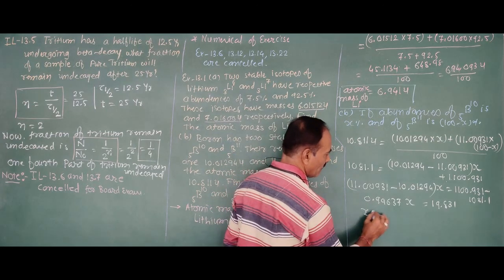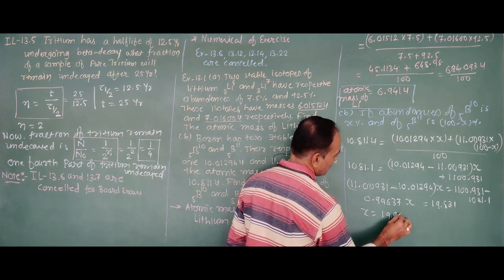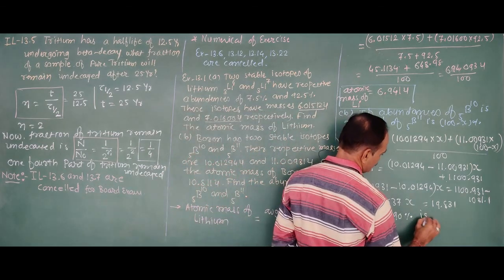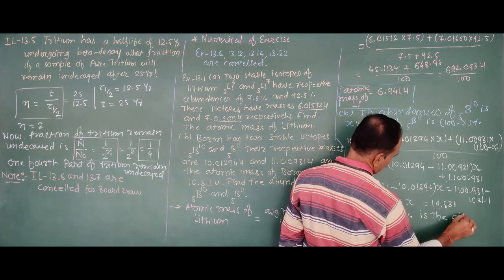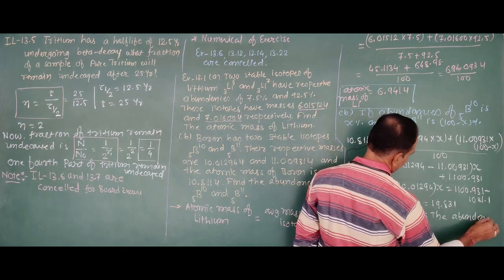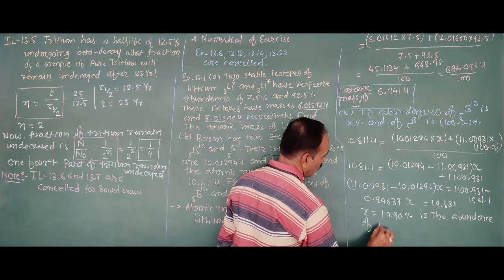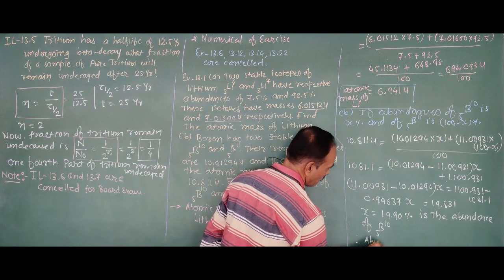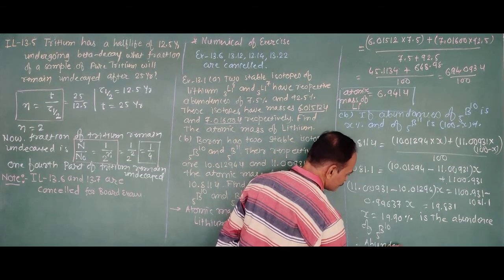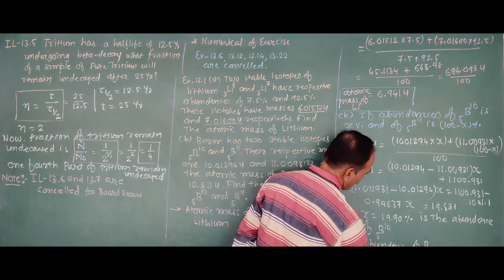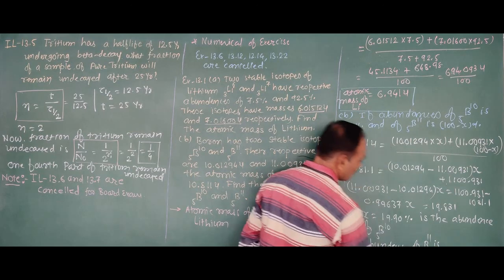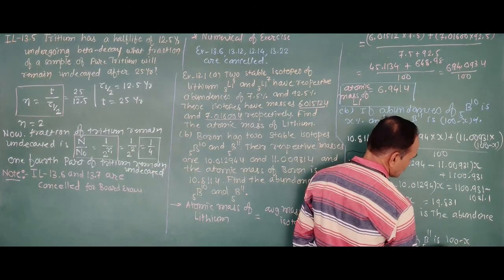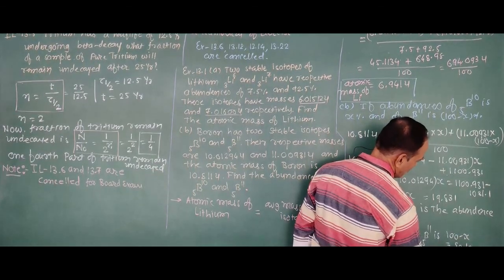Therefore, x is equal to 19.90%, the abundance of boron-10. Therefore, the abundance of boron-11 is 100 minus x, which is equal to 80.10%.